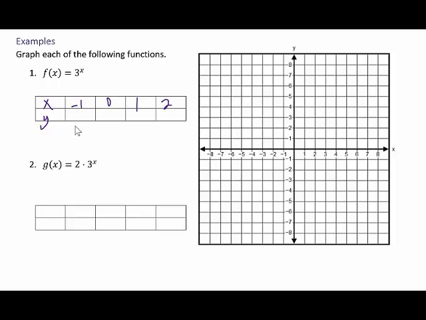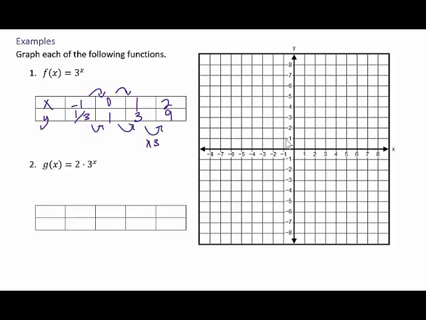For y, 3 to the negative first is the same thing as 1 over 3 to the first, or 1/3. 3 to the 0 is 1. 3 to the first is 3. And 3 squared is 9. Notice every time x increases by 1, the y's are multiplied by a factor of 3.